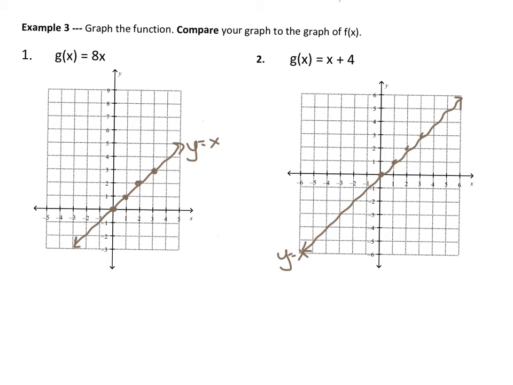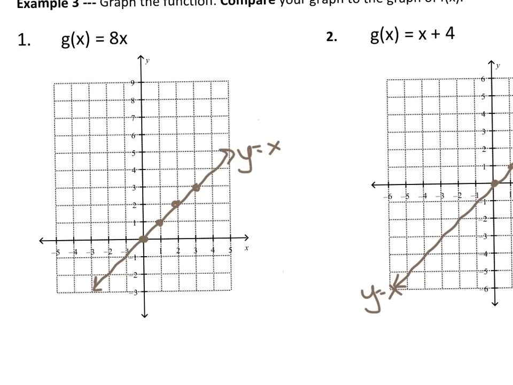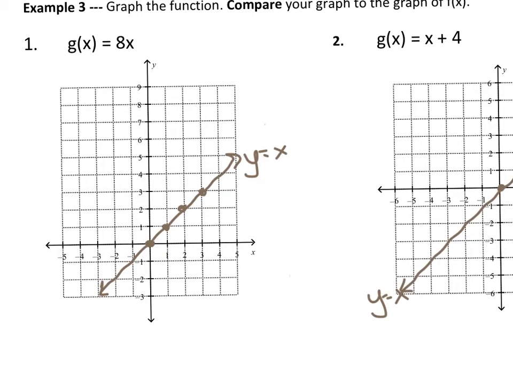Okay, in example 3, we need to graph each of these functions and then compare your graph with the parent function. So, to graph this first one, g of x equals 8x, think of that as the same thing as y equals 8x.